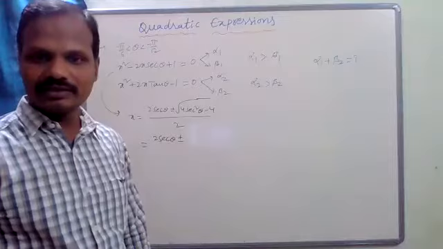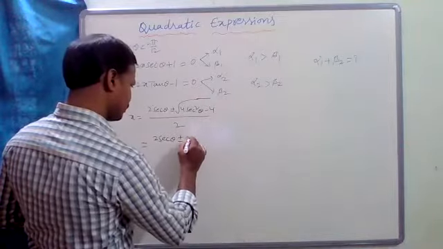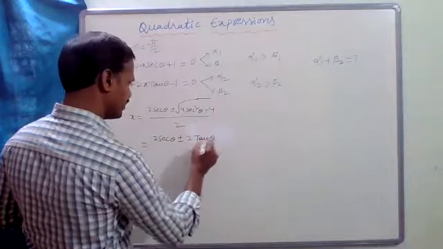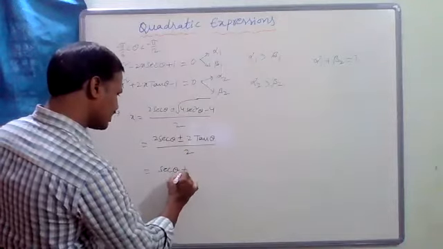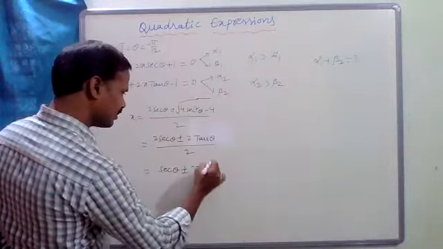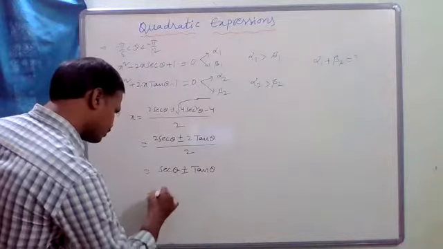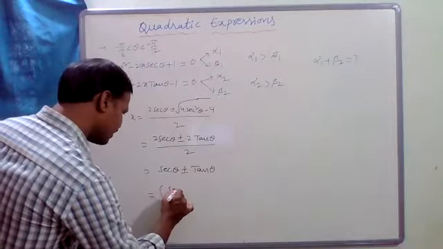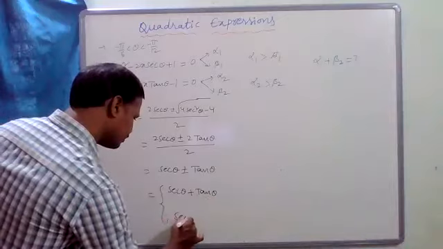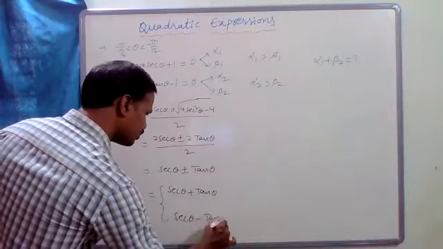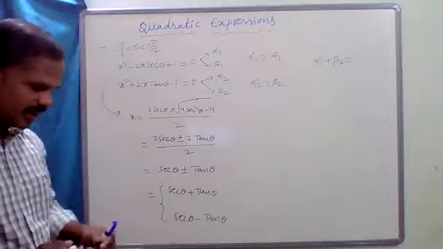Secant square theta minus 1 is tan square theta. So root tan square theta is tan theta. So 2 tan theta by 2, which equals secant theta plus or minus tan theta. So these two roots are secant theta plus tan theta and secant theta minus tan theta.